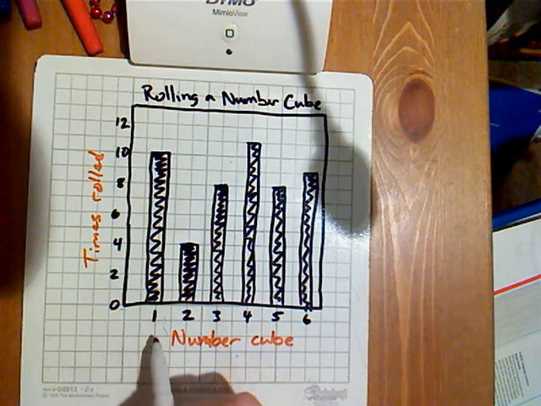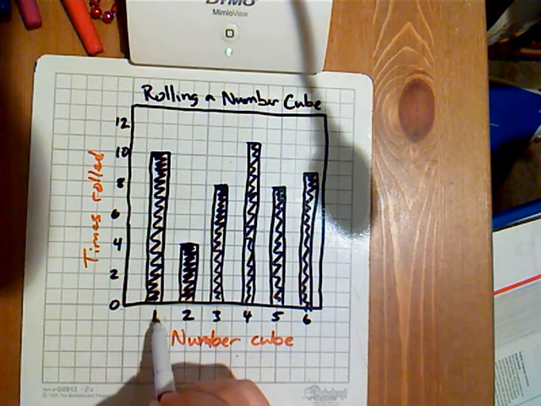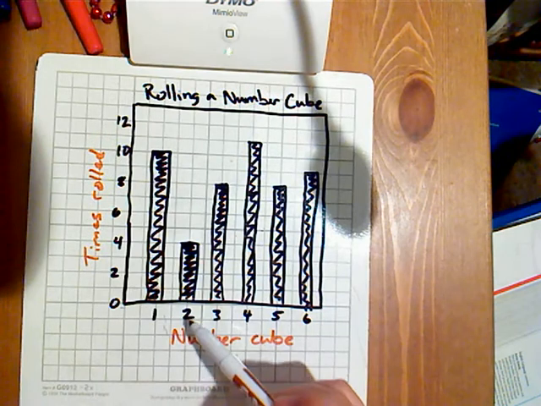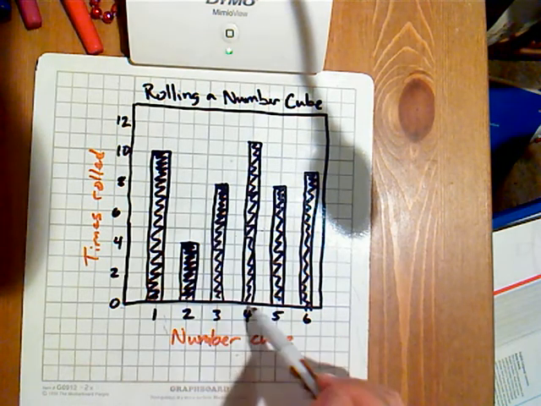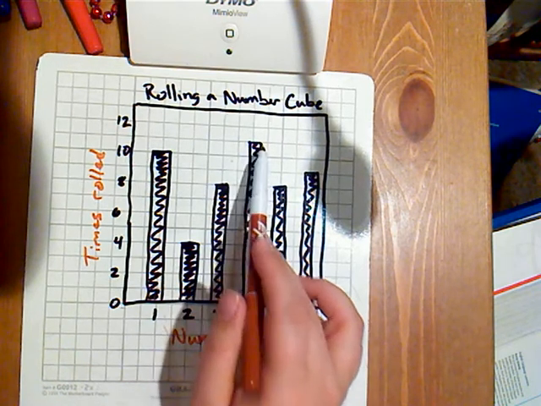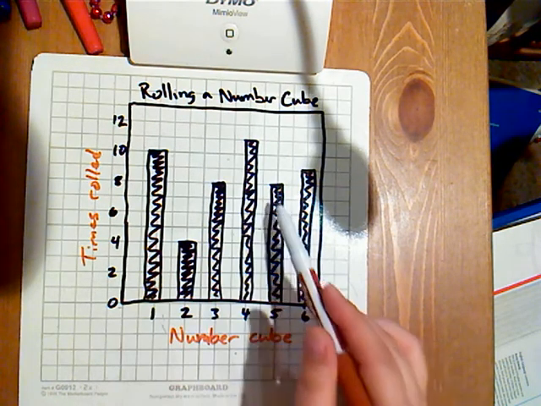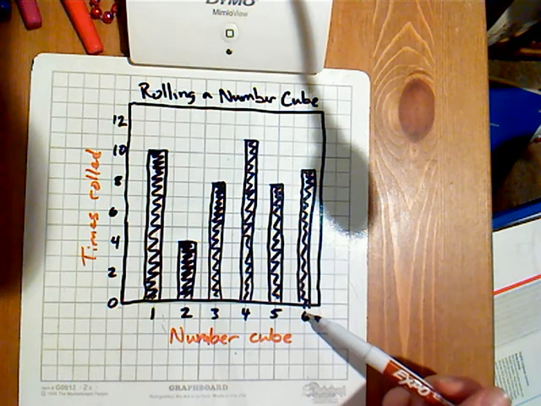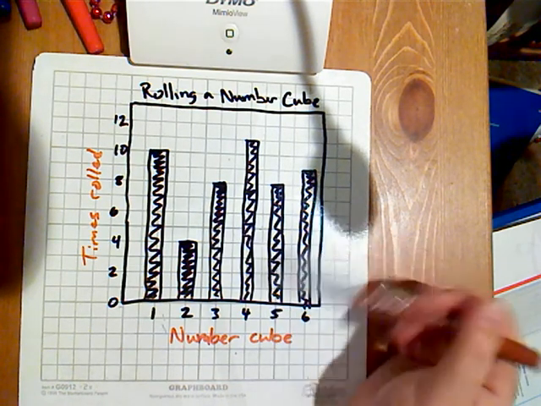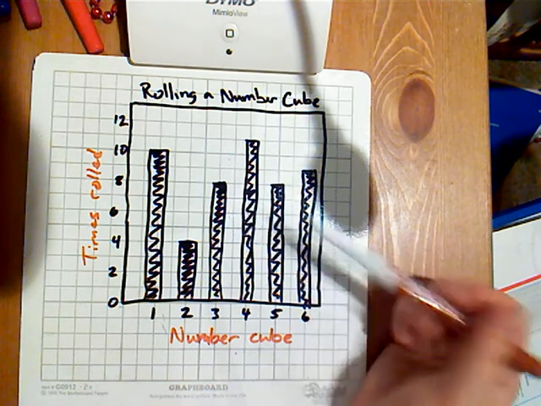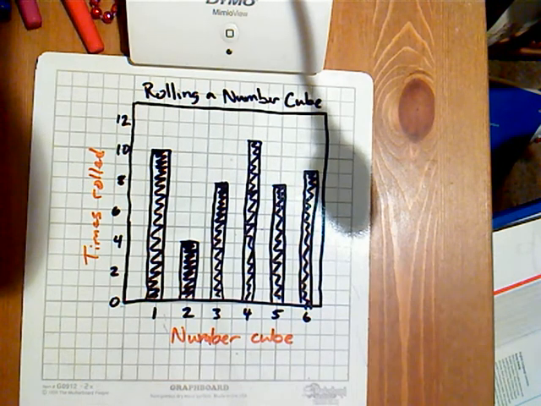So our bar graph tells us that the number 1 was rolled 10 times, our 2 was rolled 4 times, 3, 8 times, the 4 was rolled 11 times, 5 was rolled 8 times, and the 6 was rolled 9 times. So we're going to use these numbers in our bar graph to answer the question comparing theoretical and experimental probability.